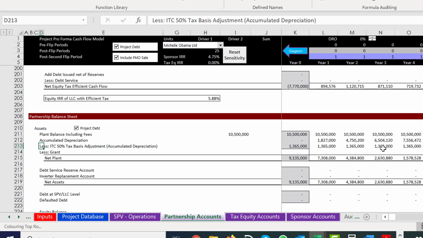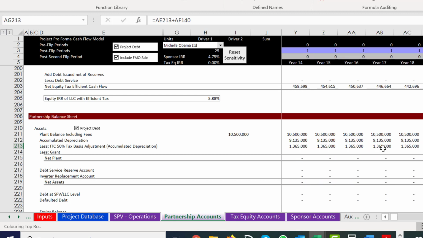For accounting purposes, you never get to depreciate this. So it's like a less. It's like you're taking this depreciation right when you take the ITC. You never get to do it. So that part of the assets just gets depreciated, and it's accumulated for the whole time.